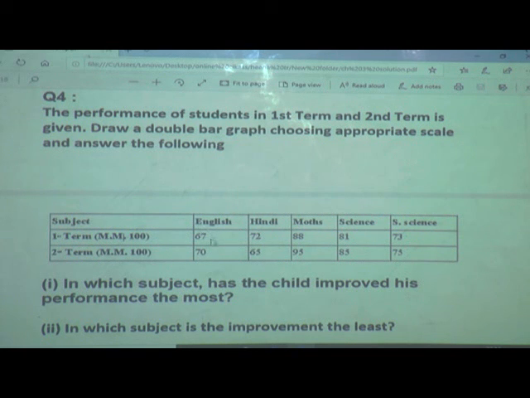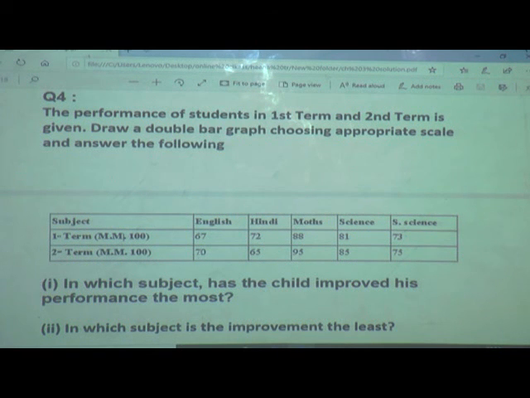Here one of the children got 67 in the first term and in the second term he got 70 marks. These are the marks of a student in different subjects. In the second column we have the second term marks of the student.